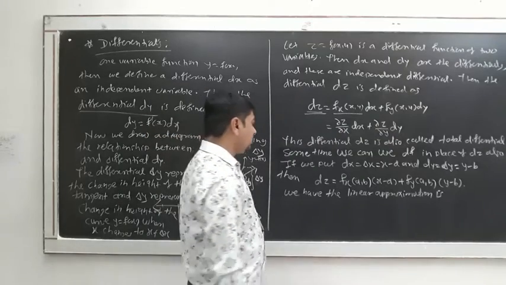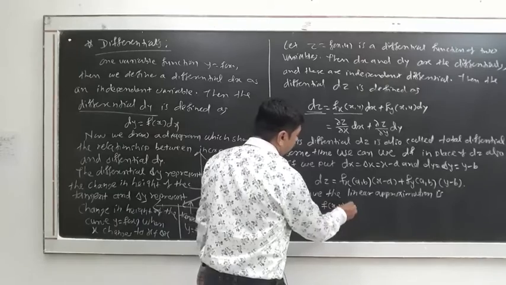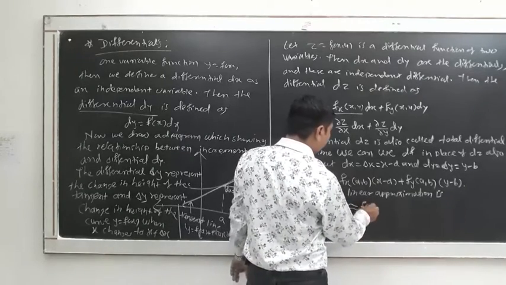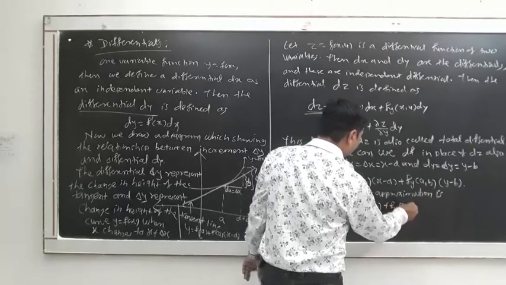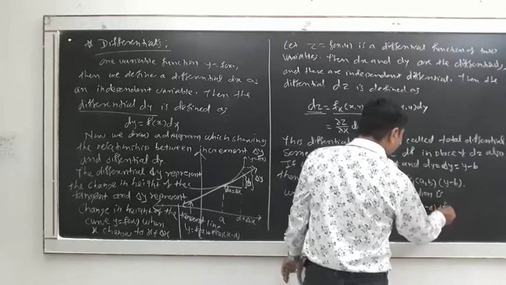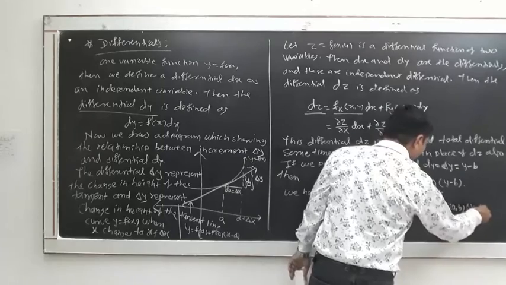Linear approximation is f of x,y approximately equal to f of a,b plus fx(a,b)(x minus a) plus fy(a,b)(y minus b).